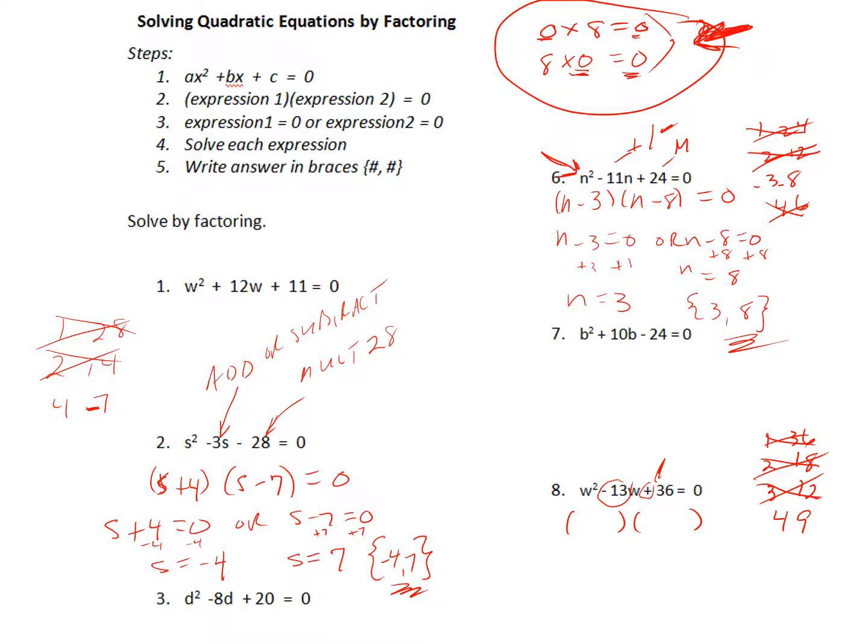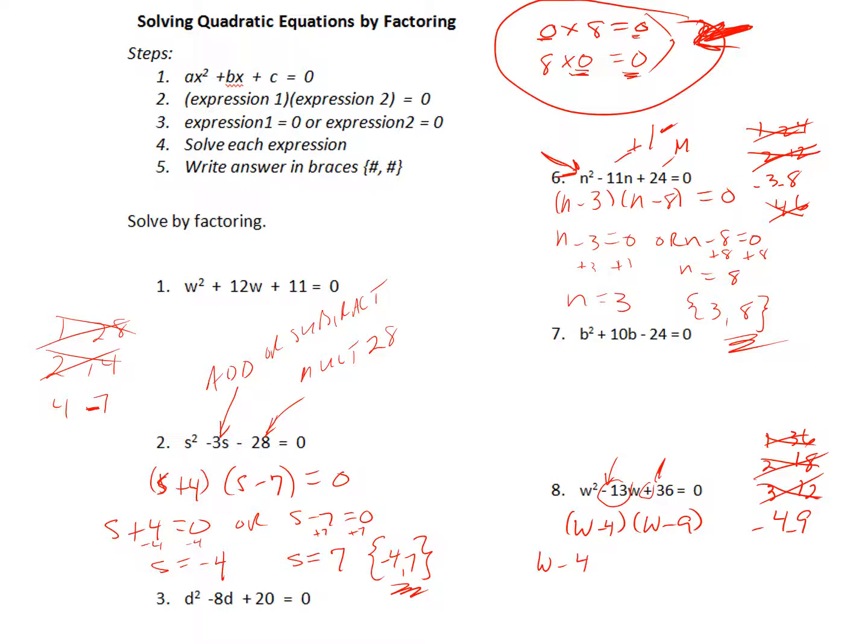And if I add them, a negative and a negative gives me the negative here that I want. So what I'm looking for here is W minus 4 and W minus 9, because remember, they had to both be negative.